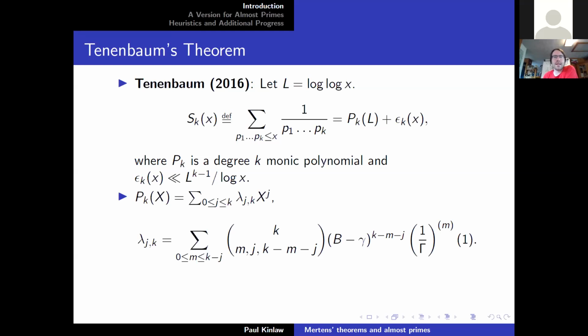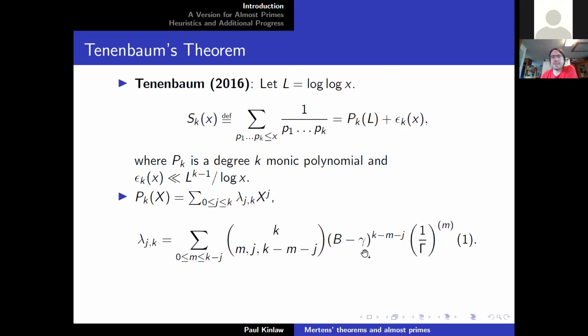Moreover, he gave explicit formulas for the constants in the polynomial. So these are the coefficients. It's this big formula here, and these are multinomial coefficients.